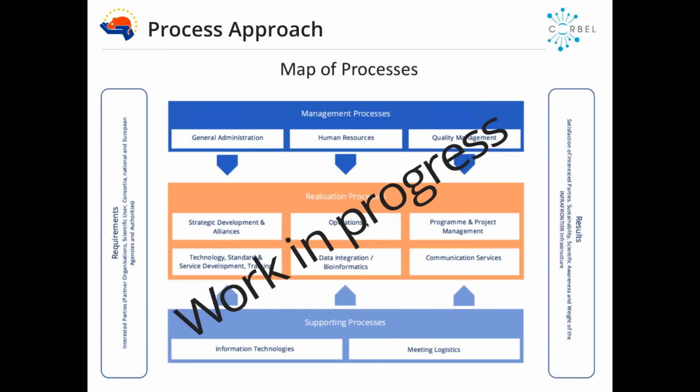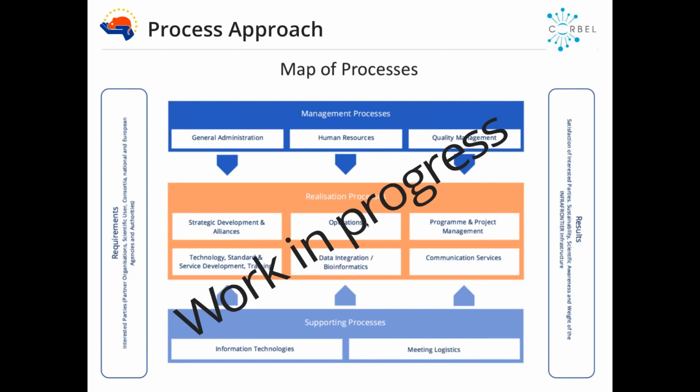This is the map of processes that we have currently developed for the INFRAFRONTIER Management Coordination Unit, the INFRAFRONTIER GmbH. And as you see, it follows the same approach. We have the realization processes like communication services, like data integration, bioinformatics.